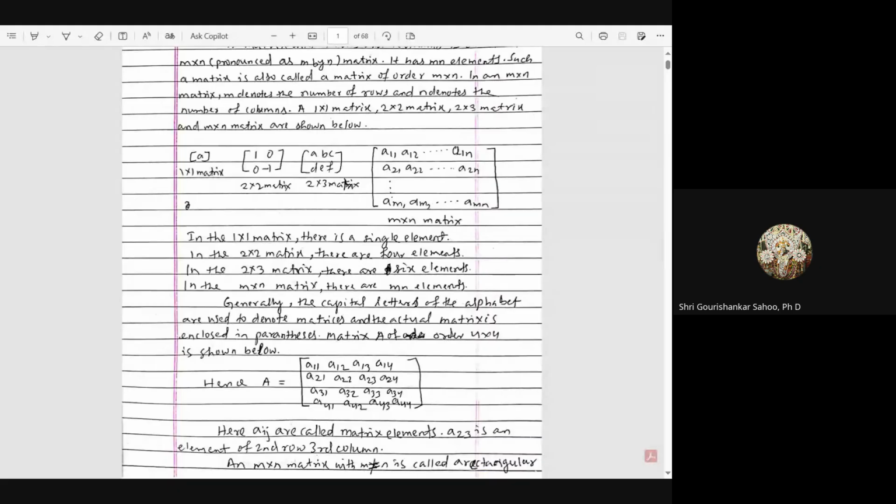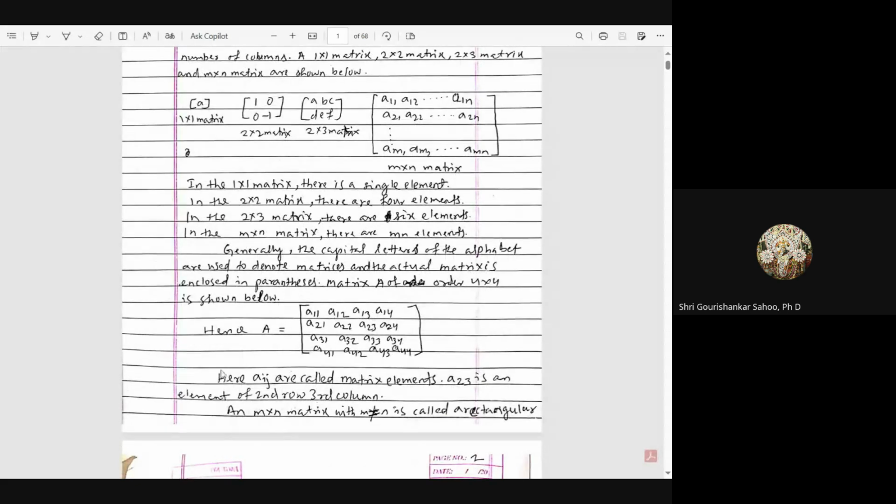So matrix A is of the order of 4 cross 4 as shown in the screen. It is a 4 cross 4 matrix, and your Aij are called matrix elements. Here Aij is equal to A11, A12, A13, A14. In the screen you can have your A, B, C, D, E, F. These are called matrix elements, and your Aij represents a matrix element.